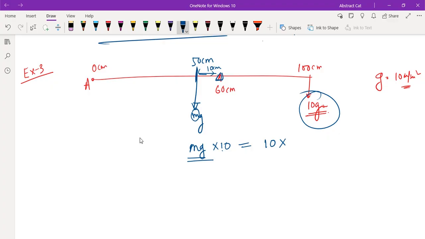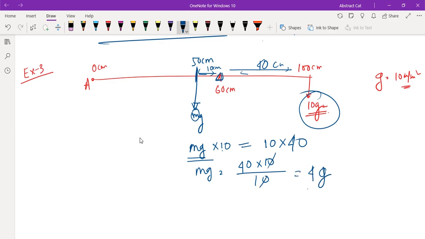And here the gap is now 40. So mg equals 40 times 10 divided by 10, so they cancel, and we get 40 gram.